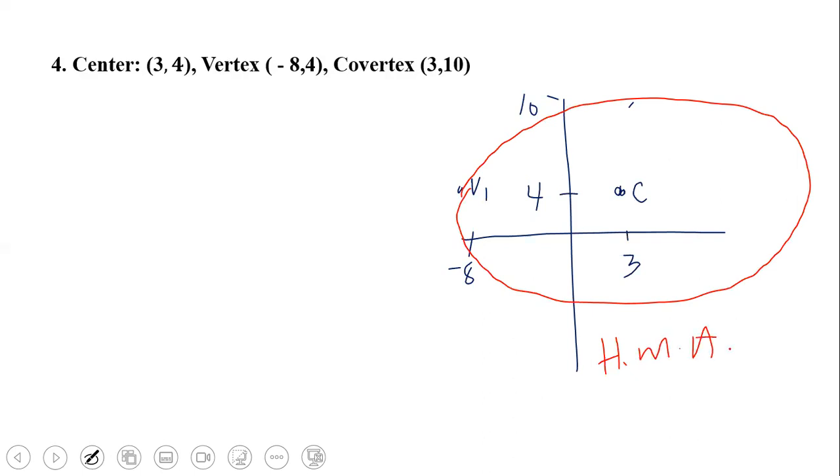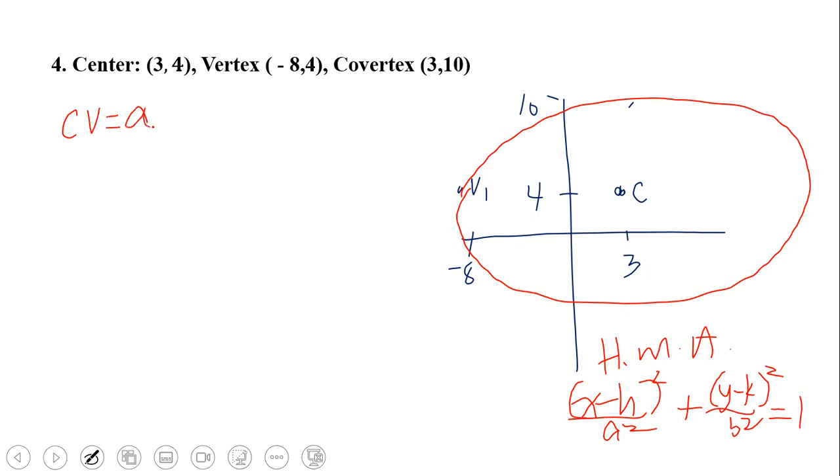Okay. If we rewrite this, we have (x minus h) quantity squared over a squared, plus (y minus k) quantity squared over b squared, is equal to 1. So, remember, center to vertex is a. The changing distance is the x. So negative 8 minus 3 is equal to negative 11, or positive 11. Center to co-vertex is b.